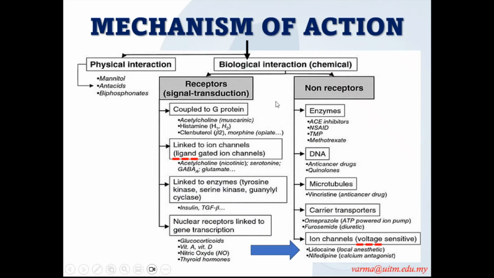Okay, your drugs can act via receptor mechanism or non-receptor mechanism. Under the non-receptor mechanism, there is an ion channel which is voltage sensitive. Ion channels can be ligand gated ion channels or voltage gated ion channels. The LA works under voltage gated ion channels, not the ligand. Okay, it's voltage gated ion channel. They are working at the voltage gated ion channel.